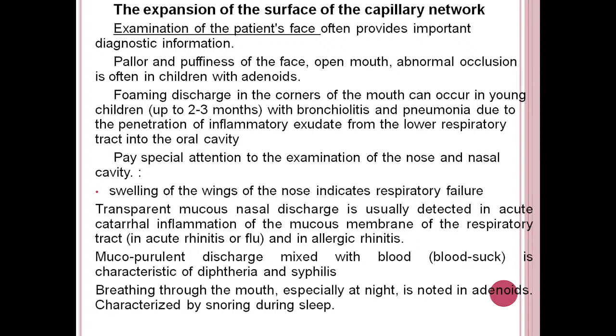Pallor and puffiness of the face, open mouth, abnormal occlusion in children with adenoids. Foamy discharge from the mouth can occur in young children up to 3 months with bronchiolitis and pneumonia due to the penetration of inflammatory exudate from the lower respiratory tract into the oral cavity.